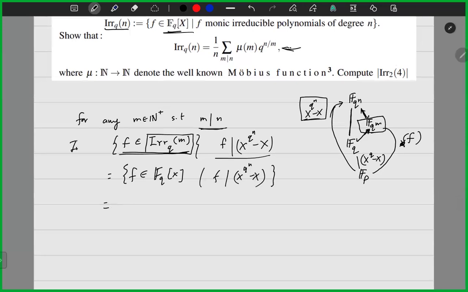I'm just counting irreducibles of degree m, f in FQ[x].